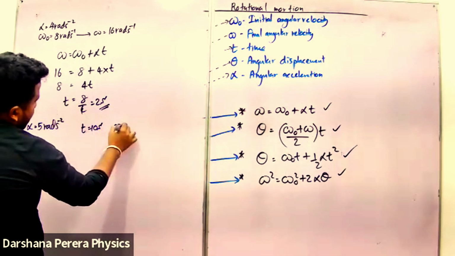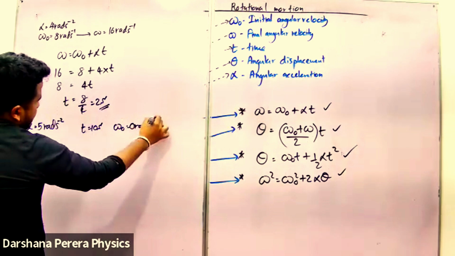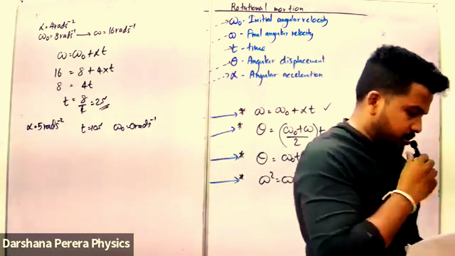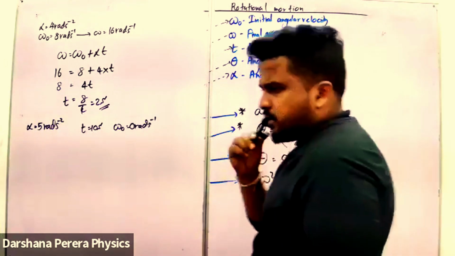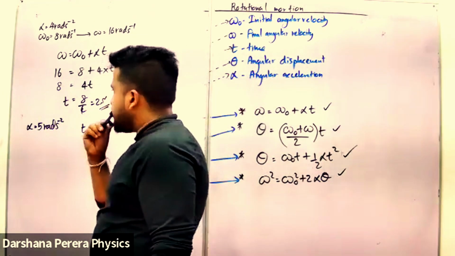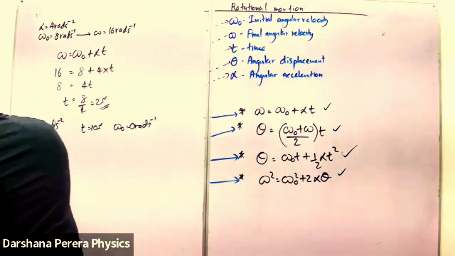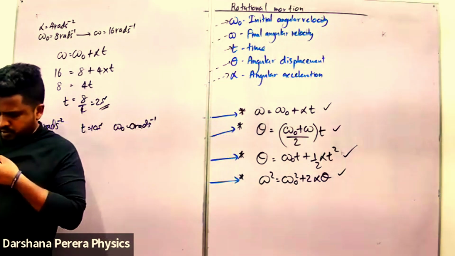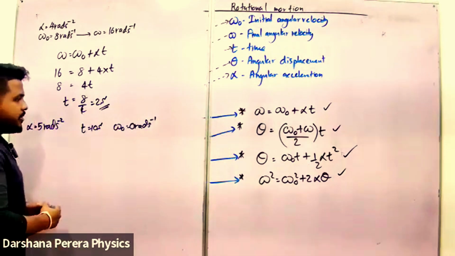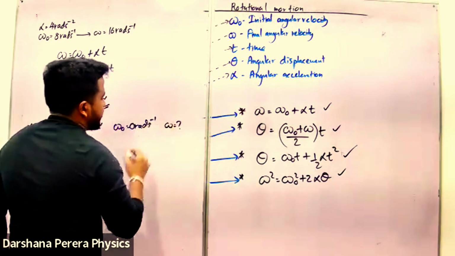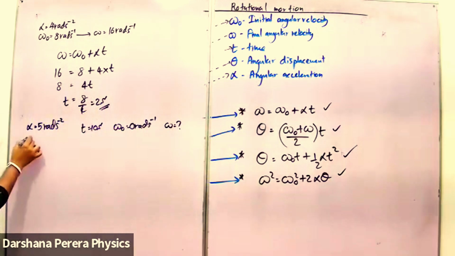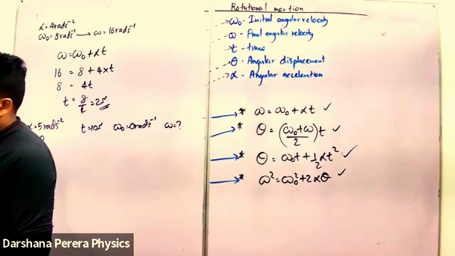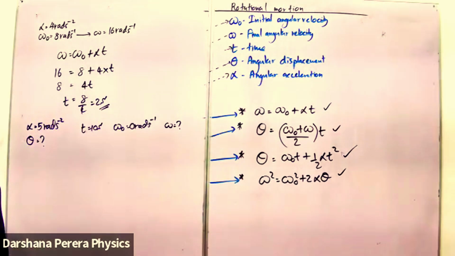Given omega naught equals 0, find the final angular velocity, omega, and the angular displacement, theta.